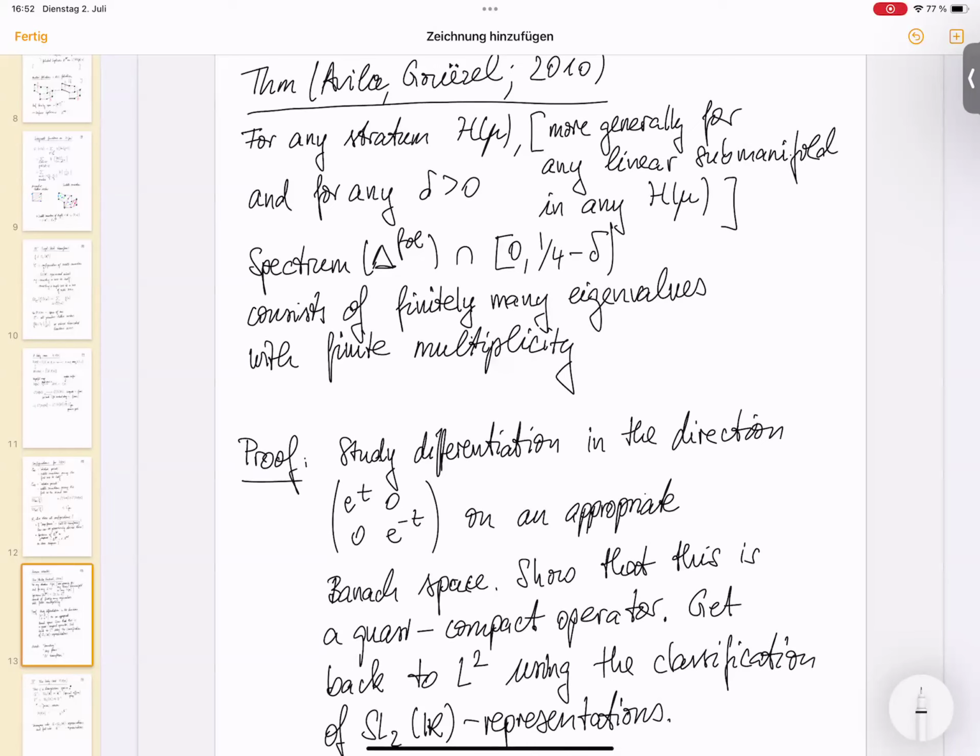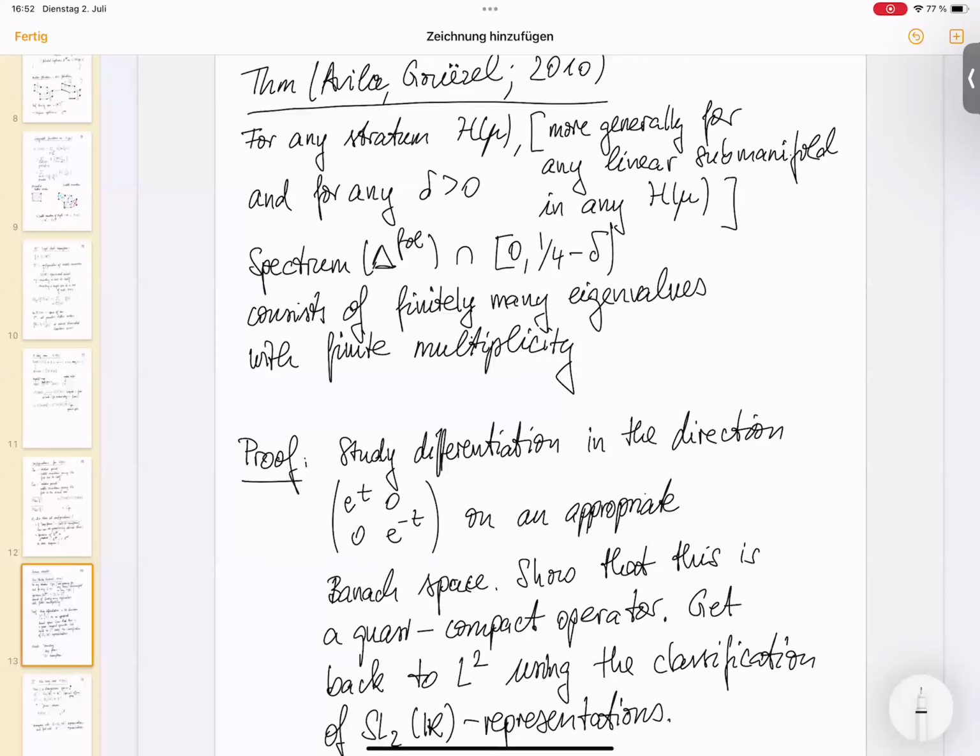And this doesn't give you directly something on the L2 spaces, but since there is a good classification of SL2R representations and we know all about their eigenvalues, knowing something about that operator is just as good as knowing something about the L2 operator.